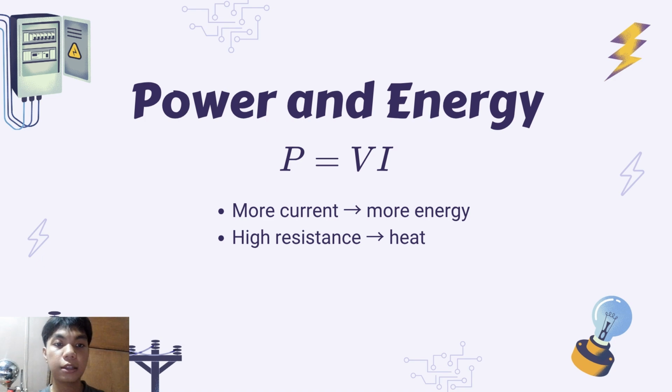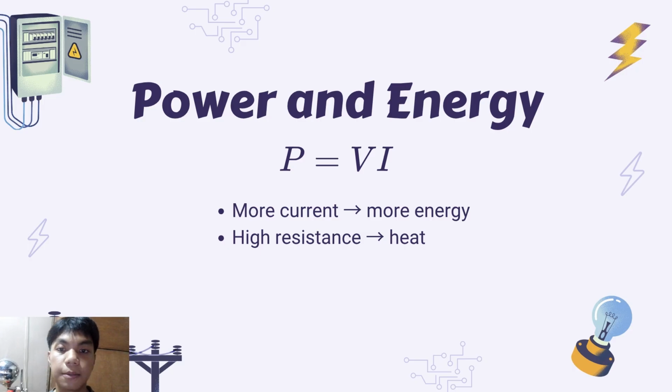In here, we're gonna talk about the power and energy. Power is the rate at which electrical energy is used or transferred. It is calculated using the formula P equals V times I, where P is the power, V is the voltage, and I is the current. This means that when either voltage or current increases, the power also increases.